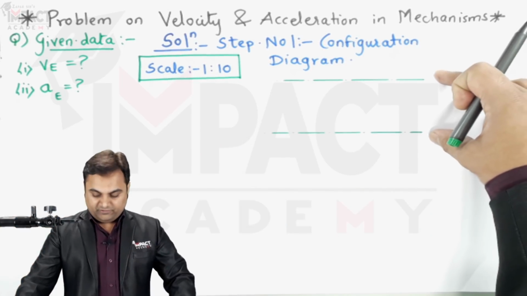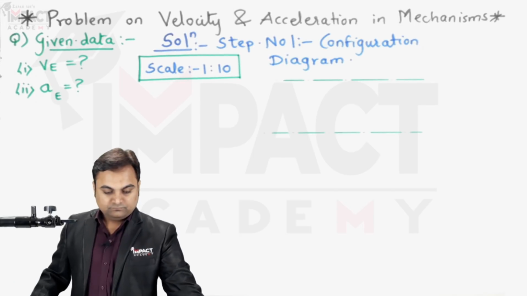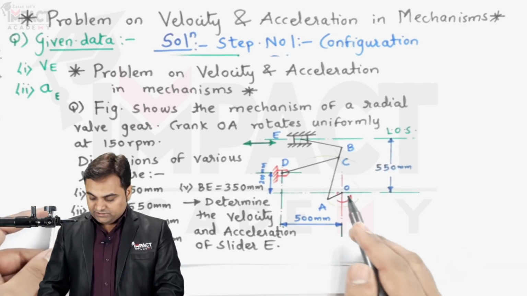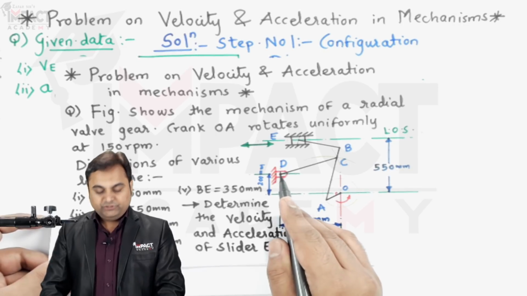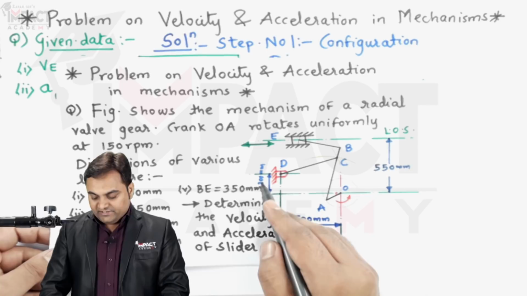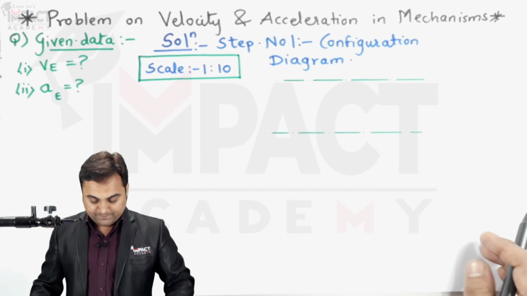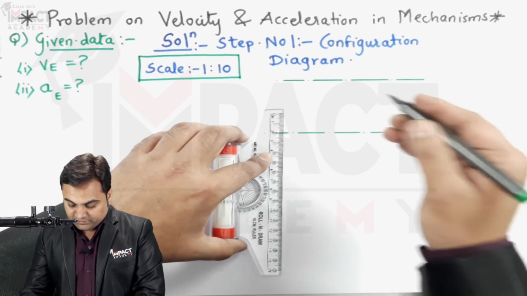So this is 55 mm. Then the vertical distance between point O and point D is 200 mm. So that when I divide it by 10, it becomes 20 mm. So I would be drawing another line by taking a vertical distance of 20.